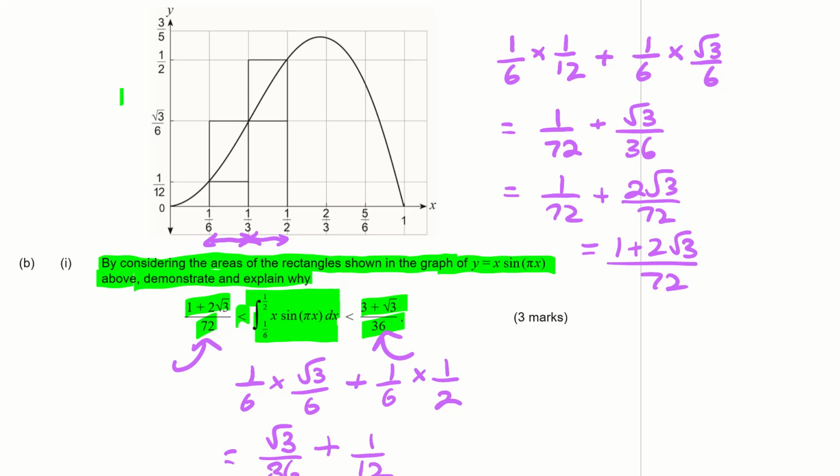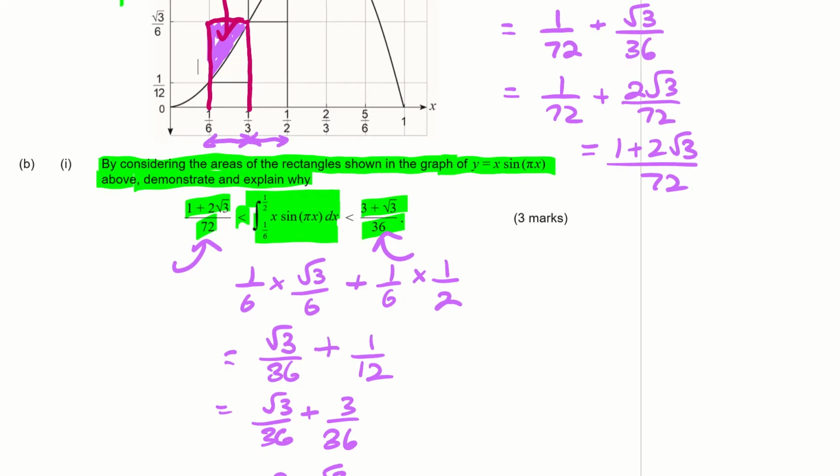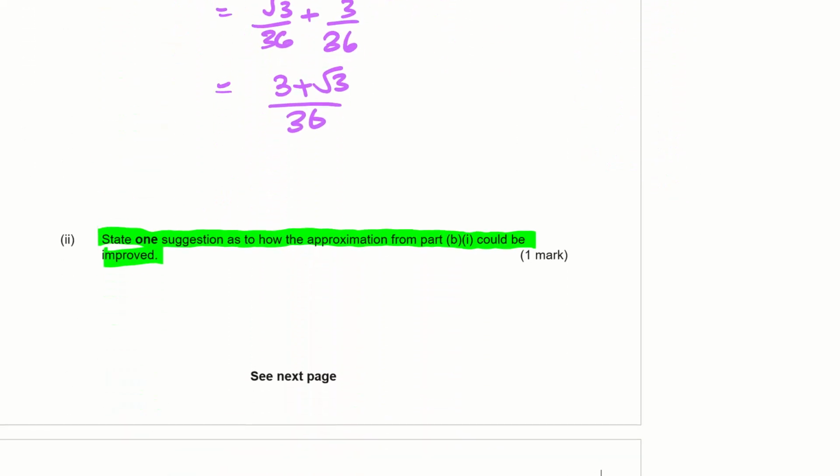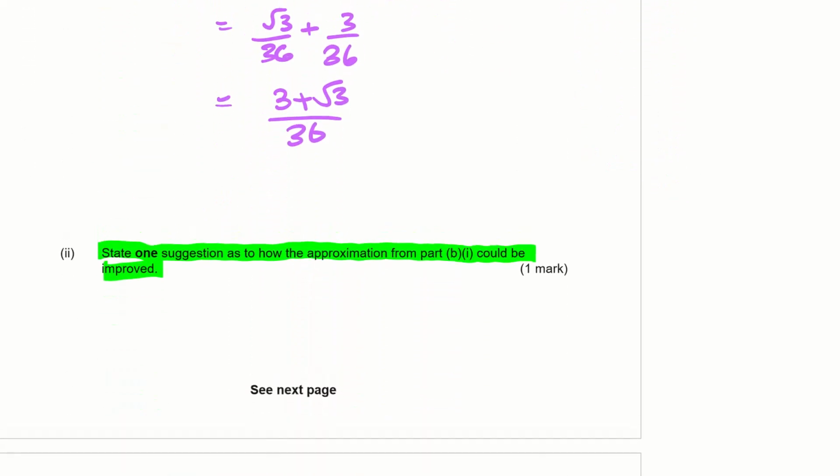So for example, with this rectangle here, you counted, so I'm talking about the rectangle that goes like that, you've not counted the area that I've shaded purple there. So if you make thinner rectangles, you cut off less of those areas. So use more rectangles and make them thinner.